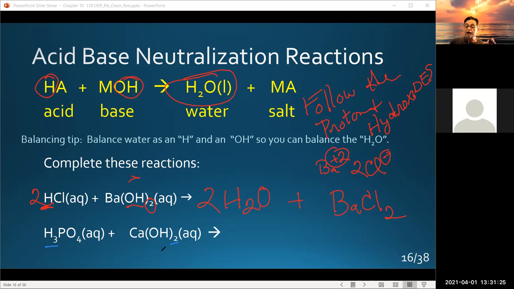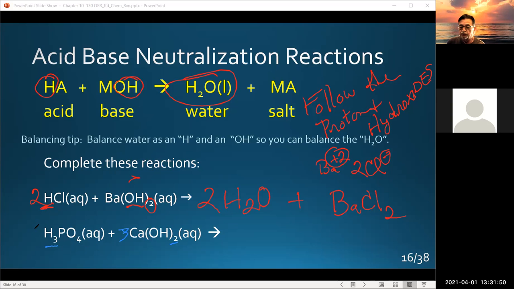Okay, so now I got a dissimilar number, but like we've been doing before, when we got 2 dissimilar numbers, like 2 and 3, what do we do? We look for a common number, right? So I can put a 3 in front of calcium hydroxide. That gives me a total of 6 hydroxides, does it not?